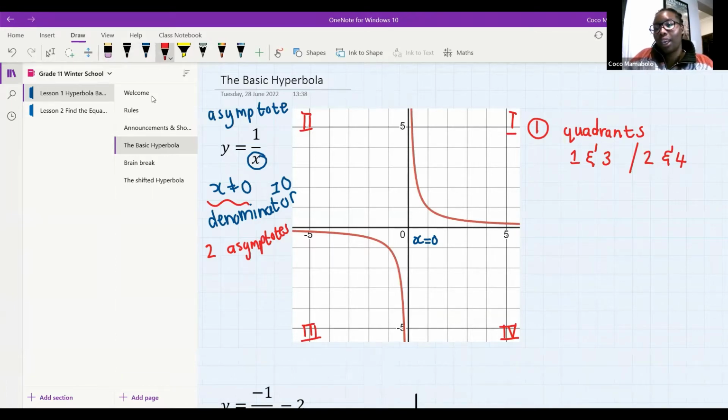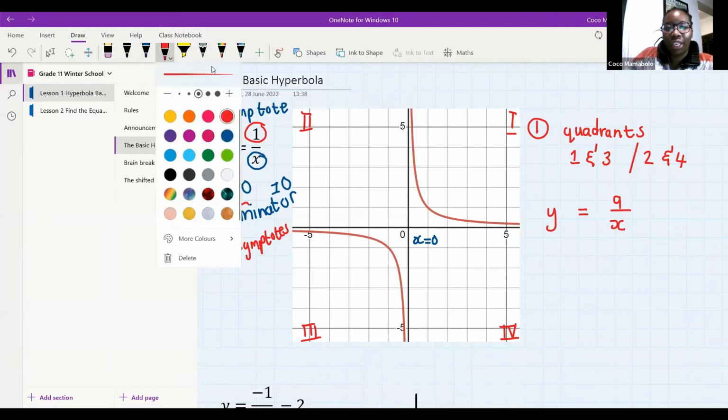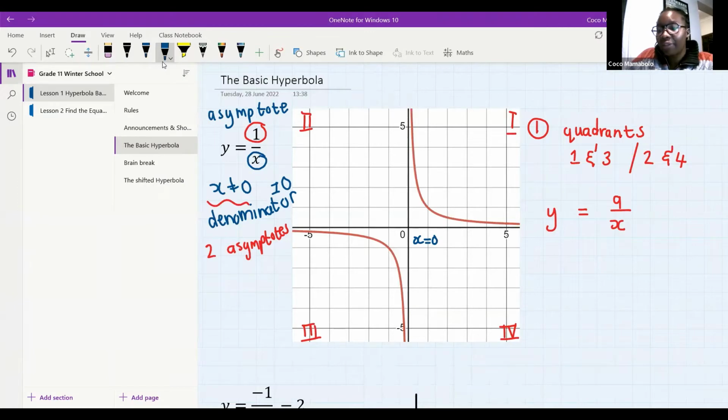No problems. Okay, and when we're looking at it being in the quadrants, this is always going to be told to us by this particular number over here. Now, if you remember, y is equal to, this is the standard parabola form, a over x. I'm just putting a over here because this particular number doesn't have to be 1. It doesn't specifically have to be 1. It could be 2, or it could be 3 or 4, or -1 or -2.